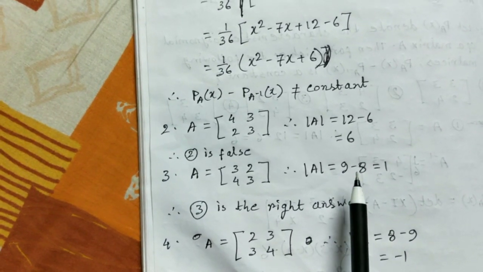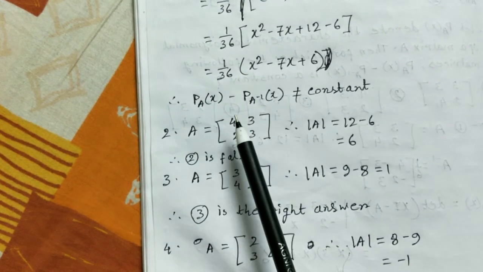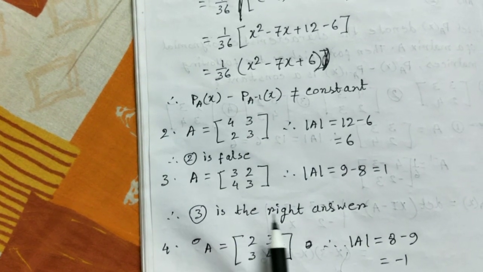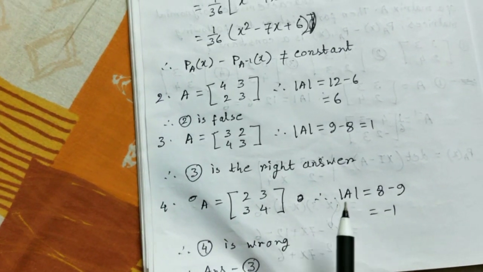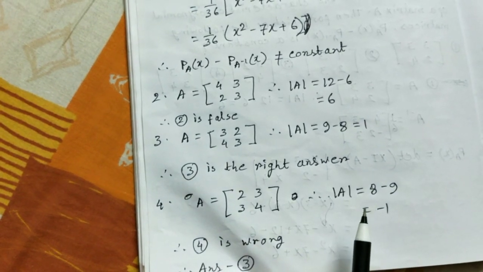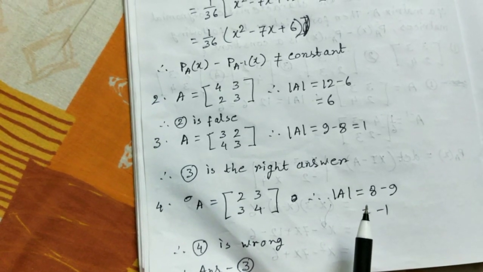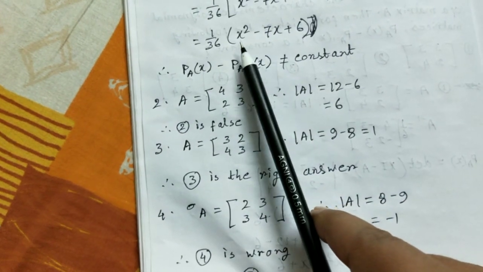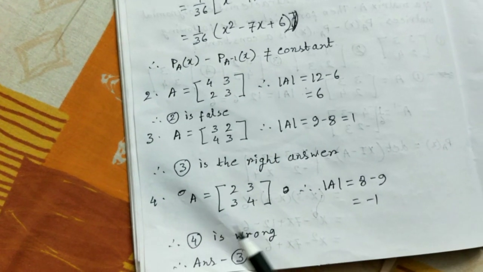So in that case the x will vanish and P of x minus P of A inverse x will be constant. So option number 3 is the right answer. And in option number 4, the determinant of A is minus 1. So it will not be the right answer, because in that case the coefficients will be the same, but there will be a minus sign, so it will not be right.